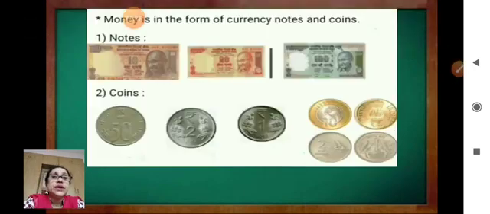Now here you can see money is in the form of currency notes and coins. You can see here the notes, you can see the coins.